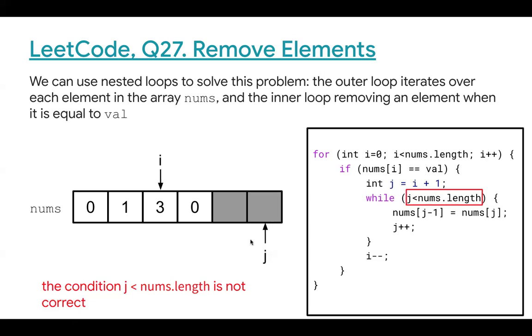When j points to the last slot or last position in this array, this condition is true, which means if we run the code like this one, we will have to run nums[j - 1] = nums[j] and j++, which means we will try to shift the last element one slot to the left.